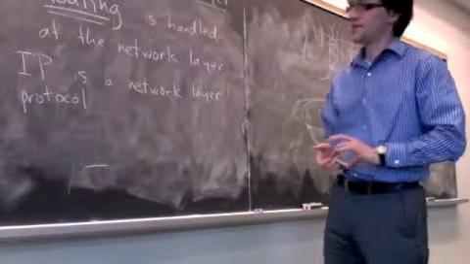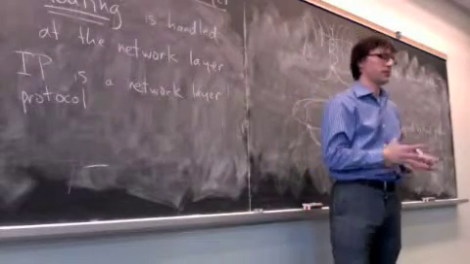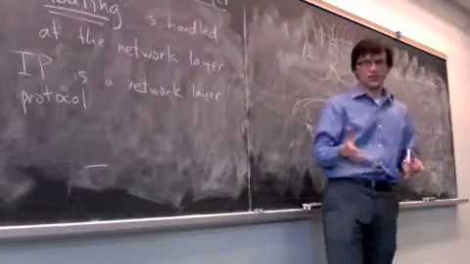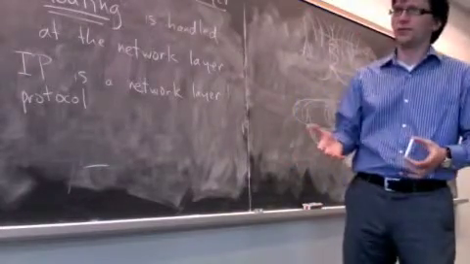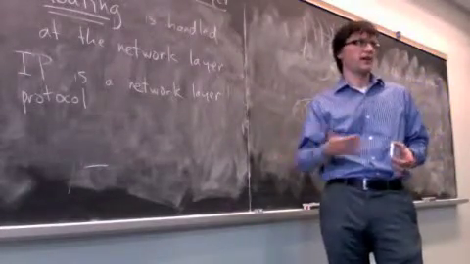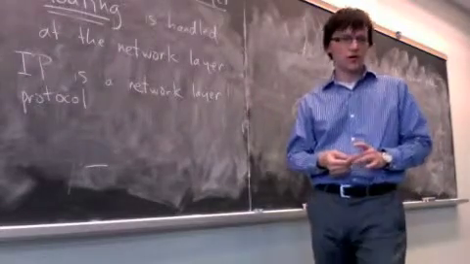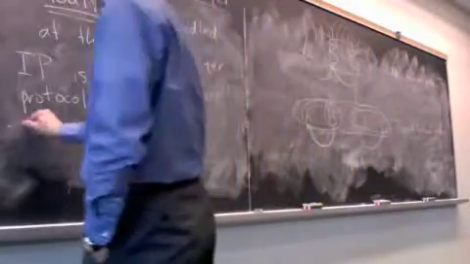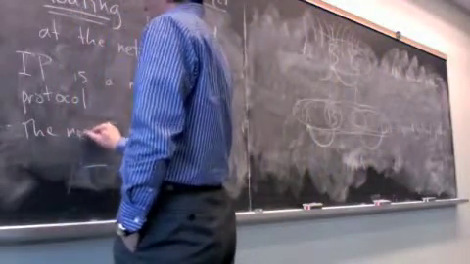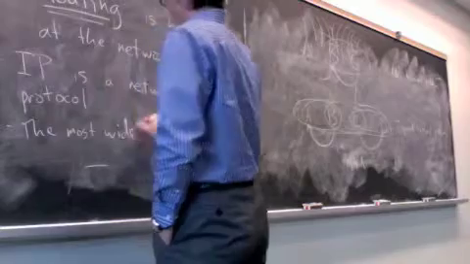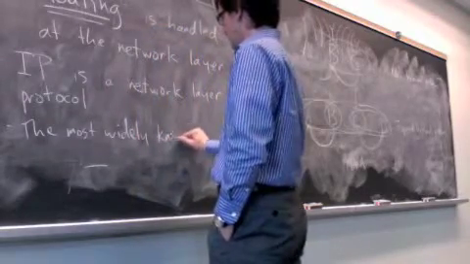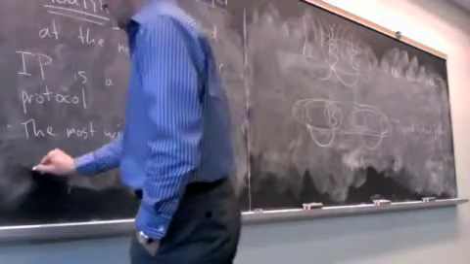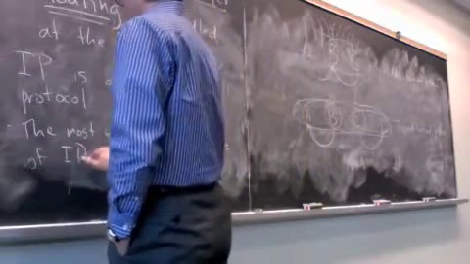But all IP does, so an IP header, there's a bunch of things in an IP header, but the most important things are source and destination. Each of those is an IP address, and that will determine how downstream routers handle the packet, how downstream routers will send the packet on. So the most widely known feature of IP is the IP address.